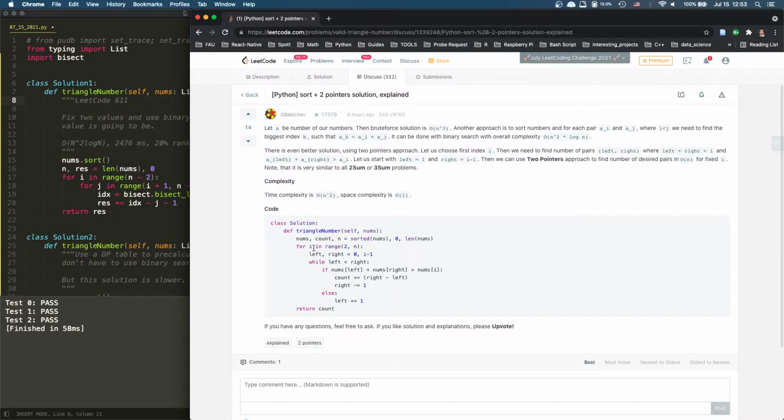Let's see, left and right, while left is smaller than right, if num left plus num right is larger than num i, we're going to count. Hold on, this is the key point. If the sum is larger than that, then count plus equals right minus left, and then right minus equals 1.